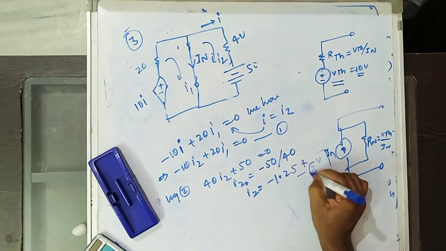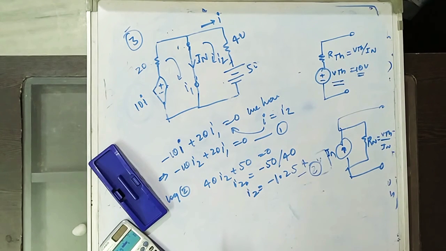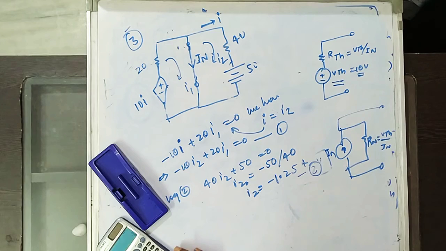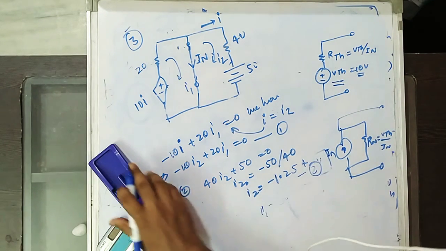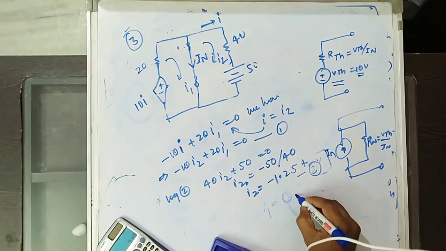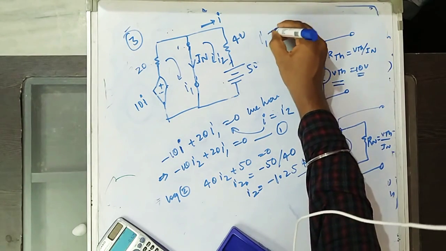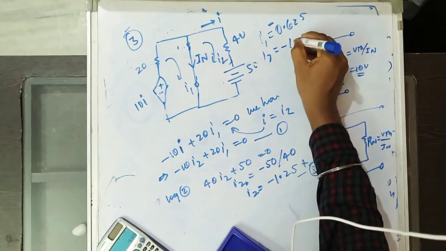Solving equations 1 and 2, we get I1 equal to minus 0.625 and I2 equal to minus 1.25.